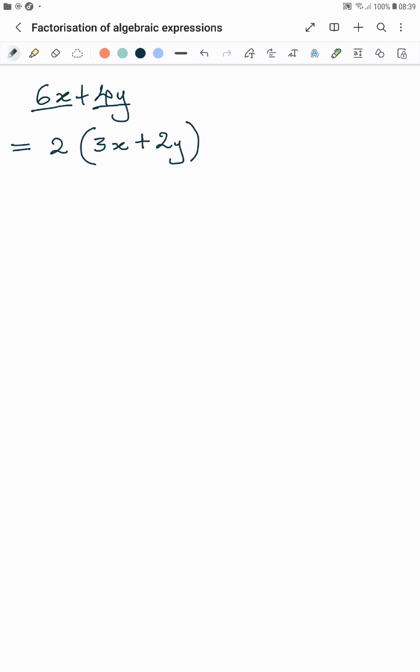We're going to look at another one. Say we have 10a plus 4b. Here we have terms in a and terms in b, which means a and b cannot be factorized because they are not common. But if we look at 10 and 4, we notice they share a common factor of 2.